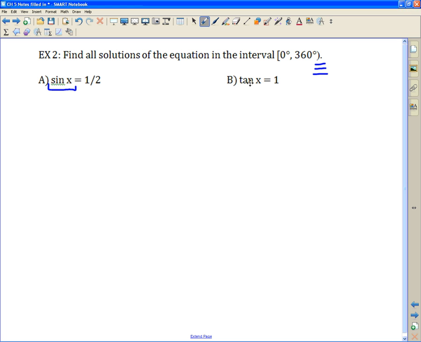It's already isolated in both of them. So I can go ahead and start my problem. To do this, it's saying tell me the angle where the y value is 1/2.